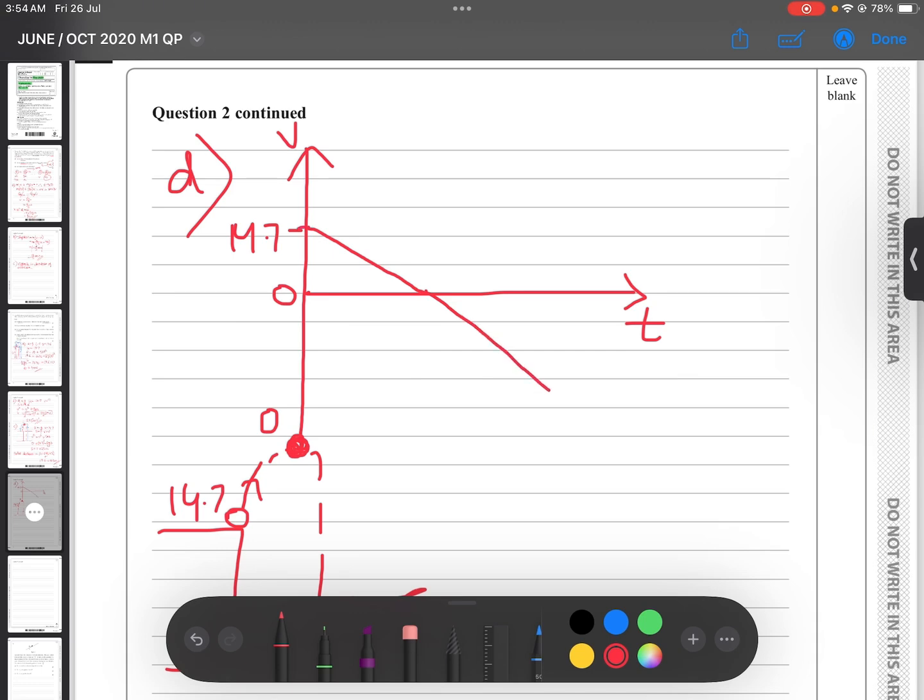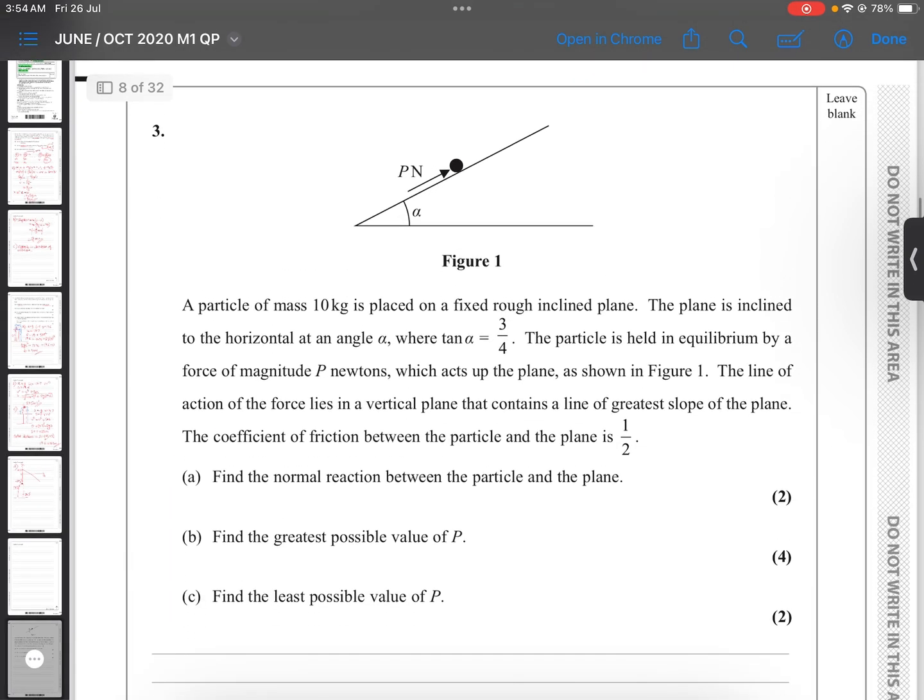If this is 14.7, 24.5 has to be a bit lower than this. So take it more down. Okay, so this will be minus 24.5.